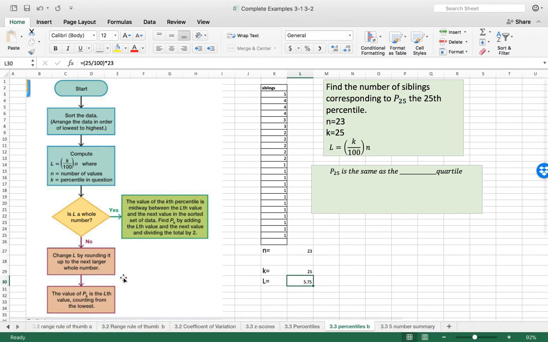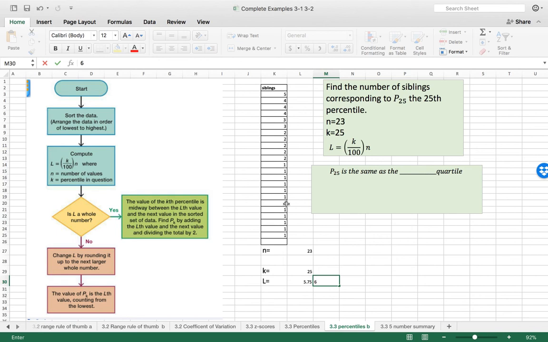Now the value of P25 is the nth value, which is the 6th value, counting from the lowest. So I'm going to count 6 up: 1, 2, 3, 4, 5, 6, and I'm still at 1.